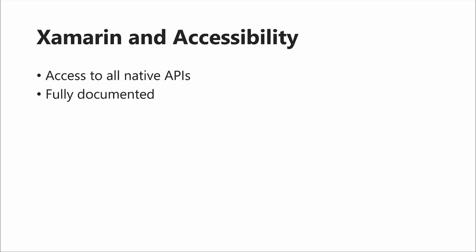When you work with Xamarin Classic and native Android XML or iOS storyboards, we have on the properties panel all the properties related to accessibility in that platform. And all the properties and methods are completely documented. The docs of Xamarin related to the APIs are very good.